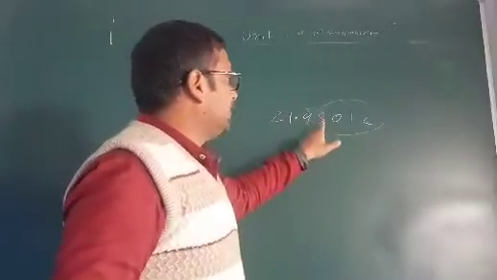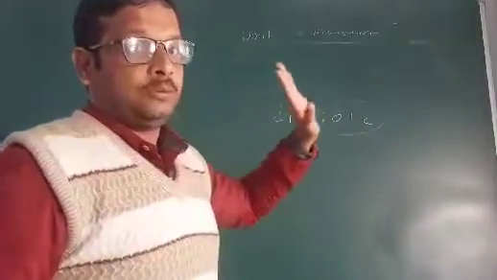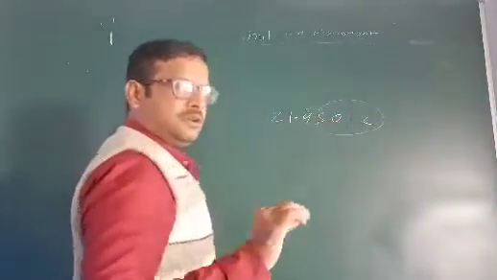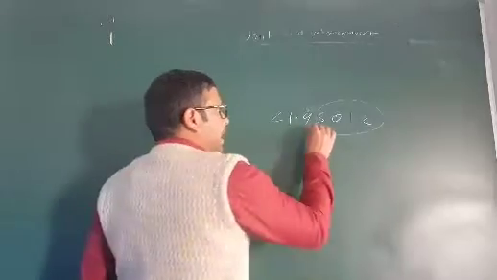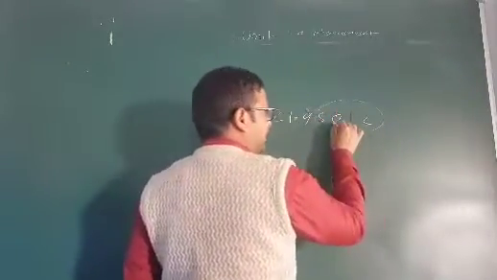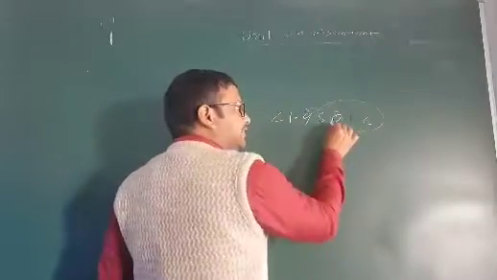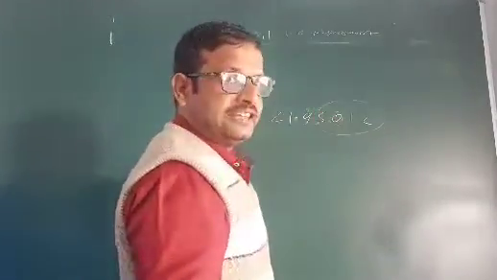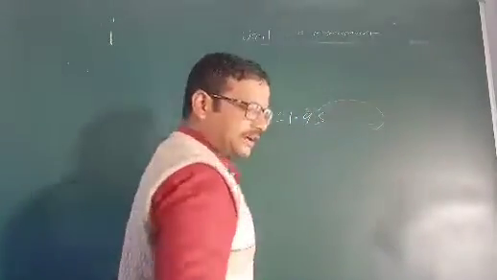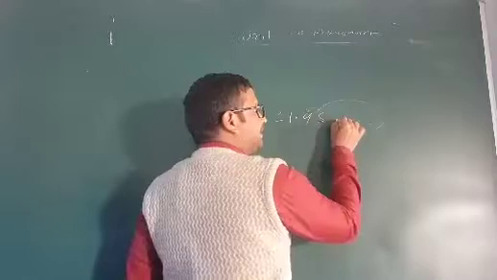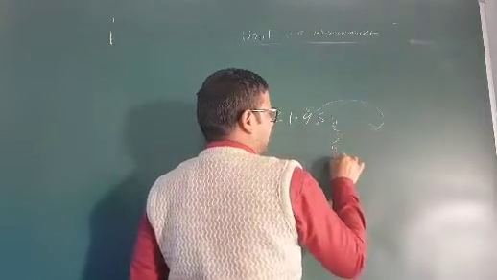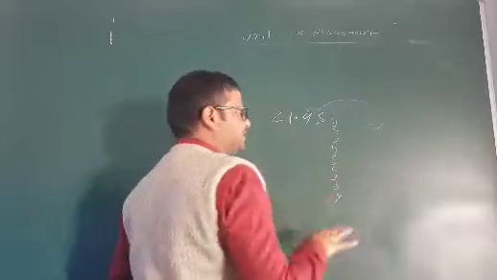But when the digit is 5, then what will we do? Now be careful. After 5, what is next? Just after 5, the next data is either 0 or anything except 0. One thing keep in your mind: suppose after 5 there is any digit 1, 2, 3, 4, 5, 6, 7, 8, 9, anything.